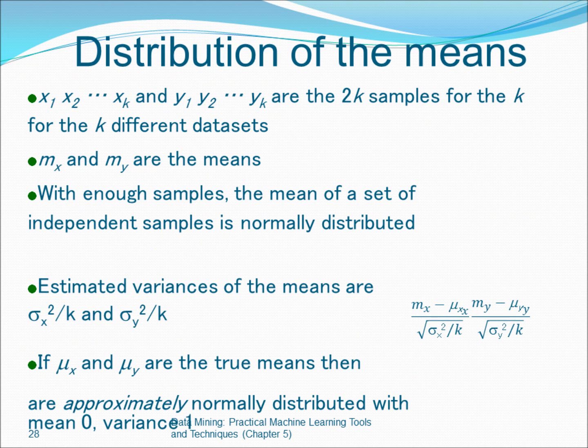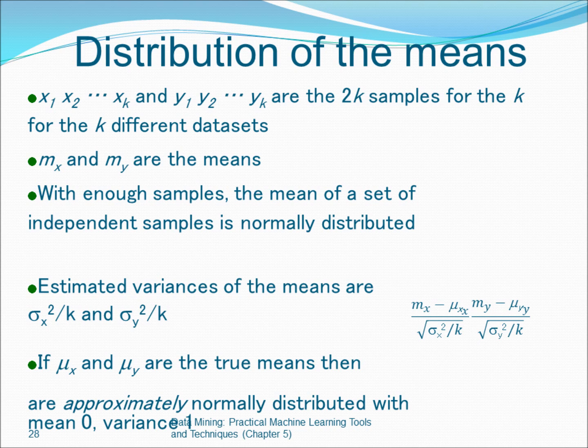What you do is the distribution of the means. That procedure, I think it's statistics. If you haven't learned statistics, that wouldn't make any sense to you. Basically, this is one population, and that's another population. You take K samples from each, and find the mean of this population and the mean of that population. Because you took K samples, your standard deviation is reduced by root K, right?